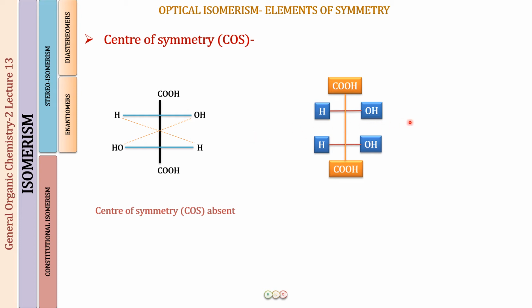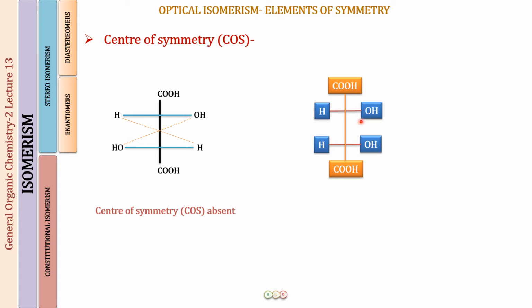So if I draw a plane like this, there is going to be a hydrogen this side, a hydrogen this side, a COOH, a COOH, an OH, an OH. So these two are the mirror image halves of each other. This molecule has a plane of symmetry, and this molecule is optically inactive. This other molecule is optically active.